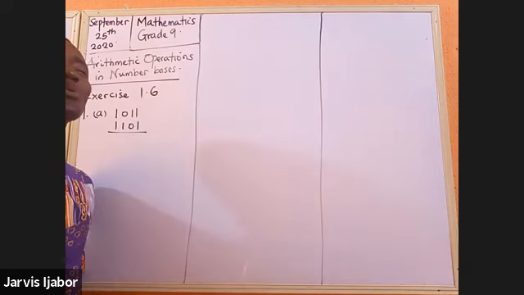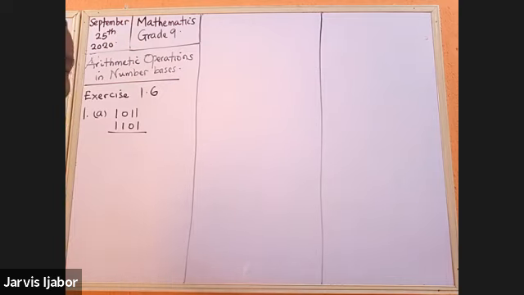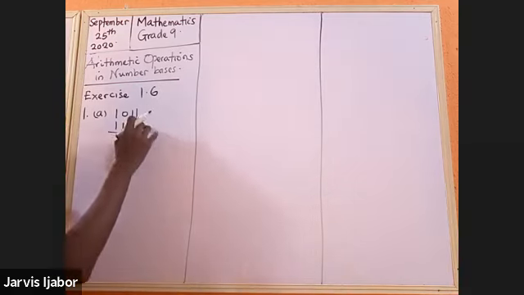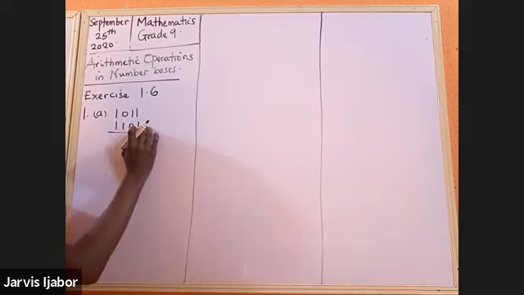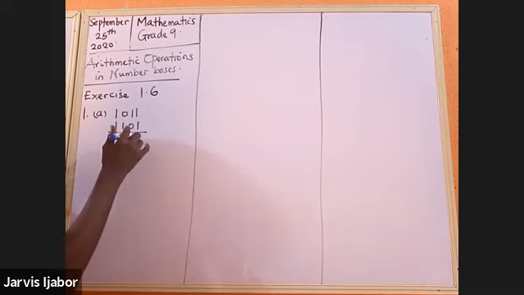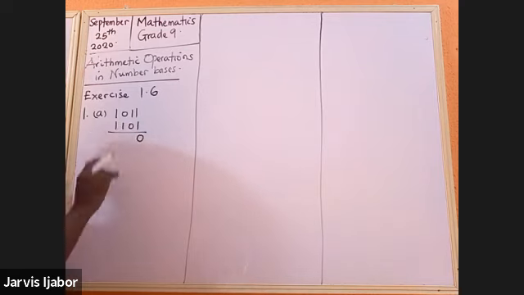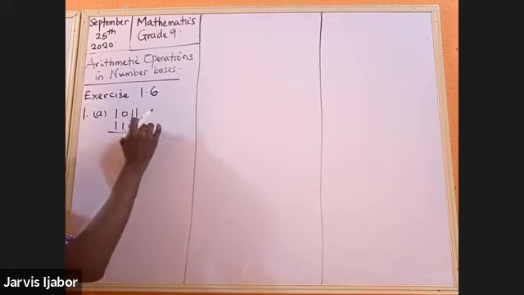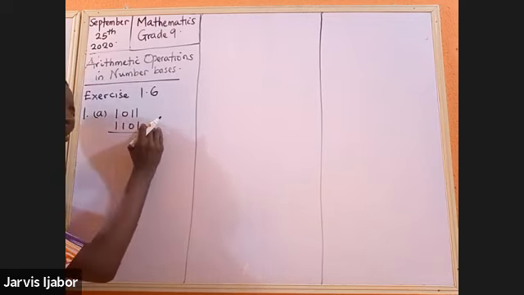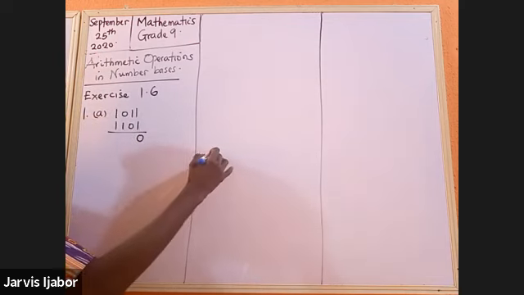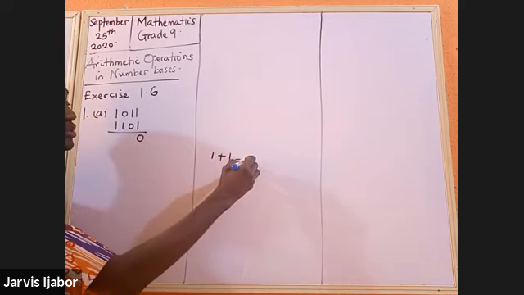In base 2, there is no 2. So watch what we are going to do here. 1 plus 1 ought to be 2, is that not? But you now put 0 carry 1. 1 plus 1 is not 2, but 0 carry 1. 1 plus 1 is equal to what? 2.